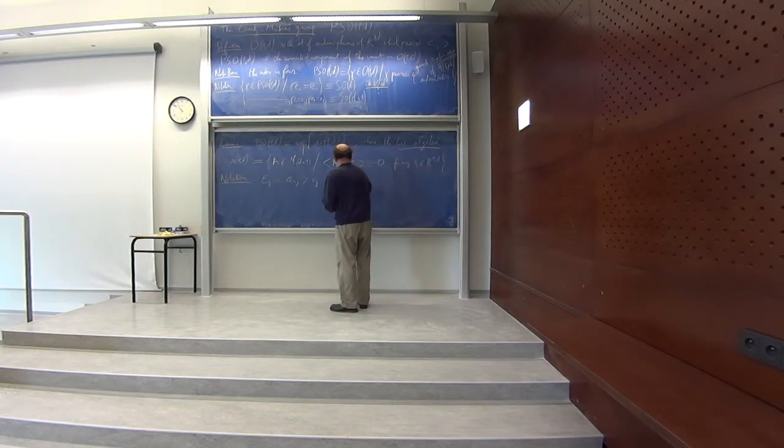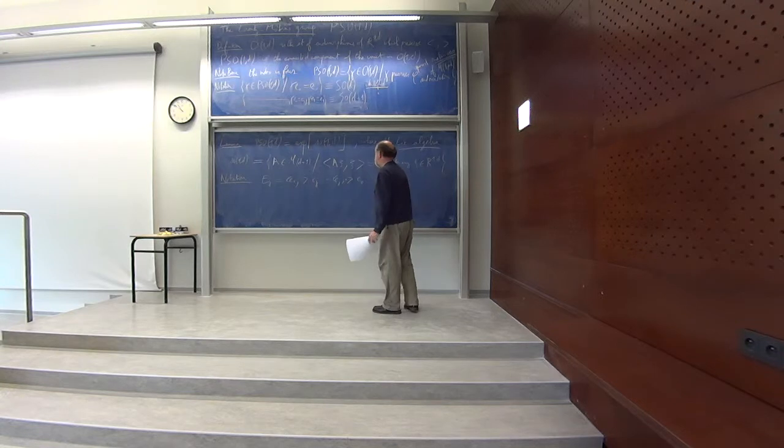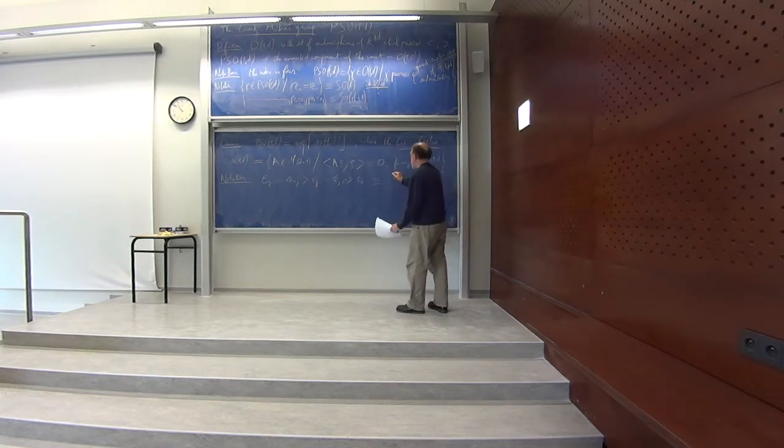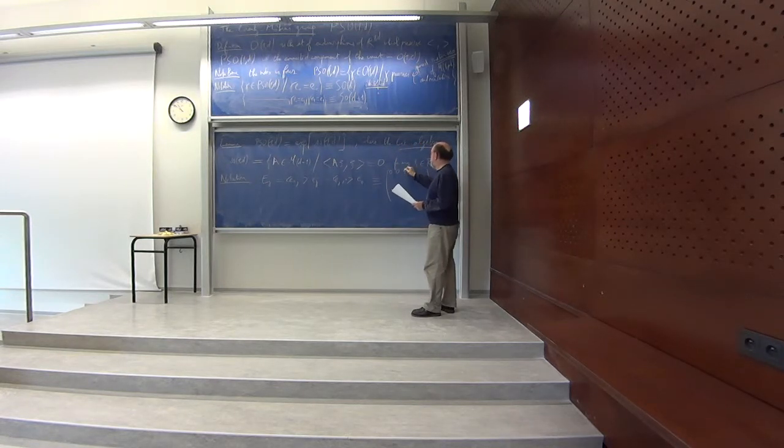Again, as a matrix, this is merely something like that. You have a 1 at the J-th column.